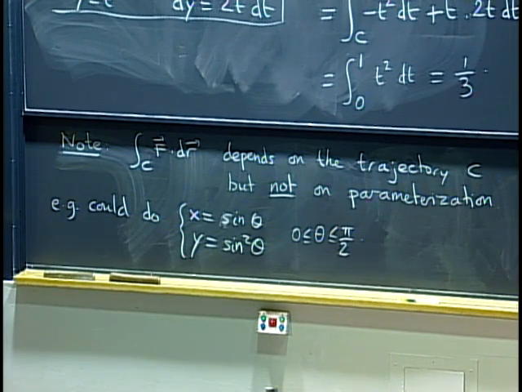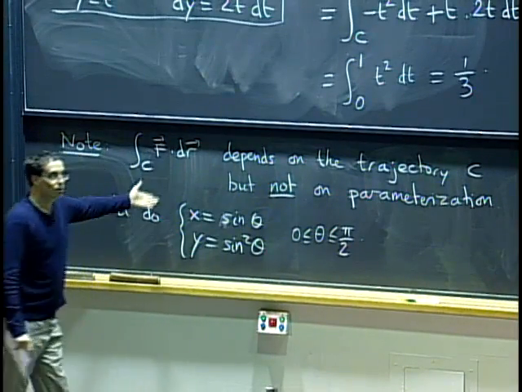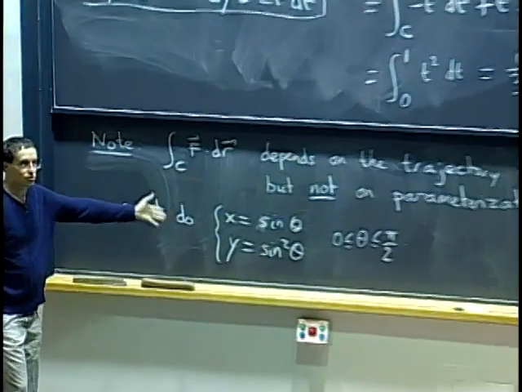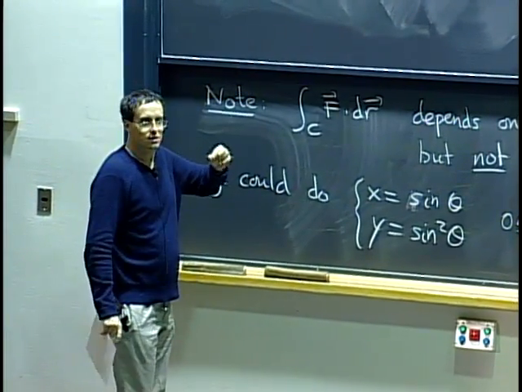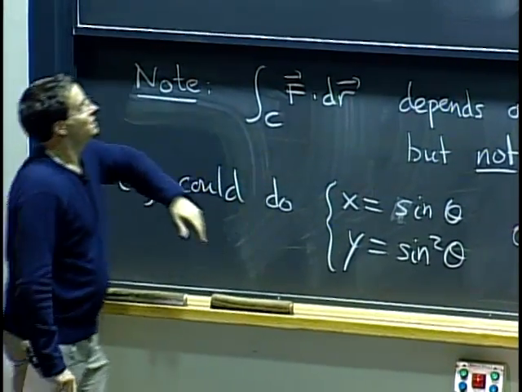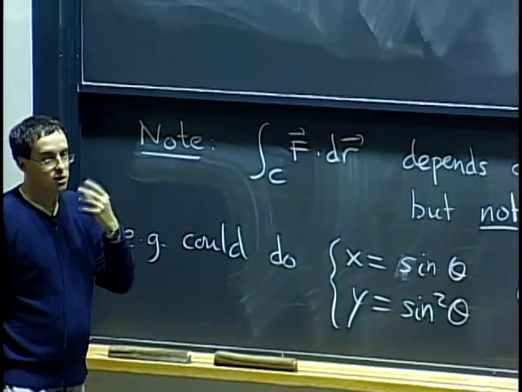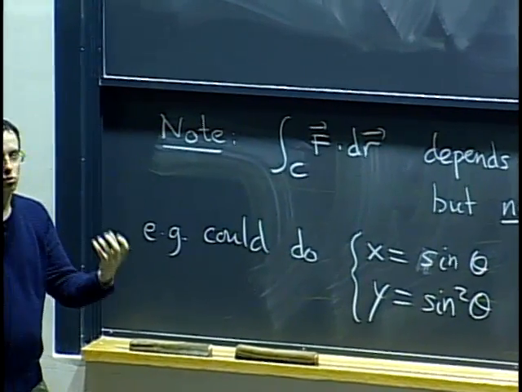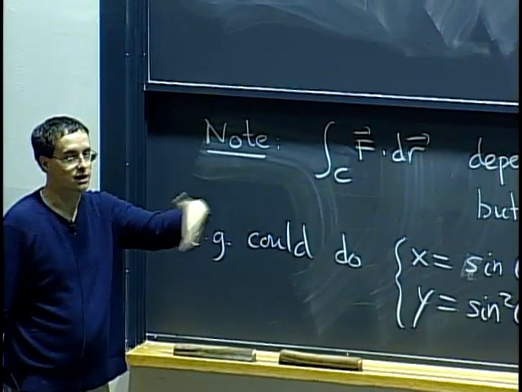Okay, so what you should do in practice is use the most reasonable way to parameterize your curve. If you know that here you have a piece of parabola y equals x squared, there's no way you will put sine and sine squared. You could set x equals t, y equals t squared, which is very reasonable. You can even take a small shortcut and say that your variable will be just x. So that means x, you just keep it as it is.